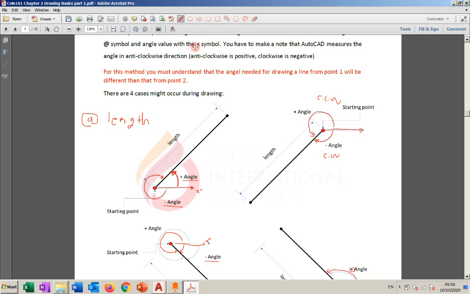Then, instead of a comma, we use the smaller-than symbol, which tells AutoCAD that we are going to give the angle. Then we provide the angle there. So we're still using at, but this time we're not giving delta x, delta y. We write the length, then use this symbol to tell AutoCAD we will provide the angle, and the angle will be negative or positive according to the direction that we have.